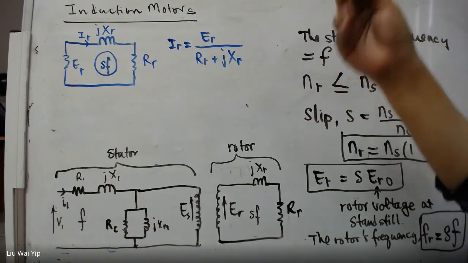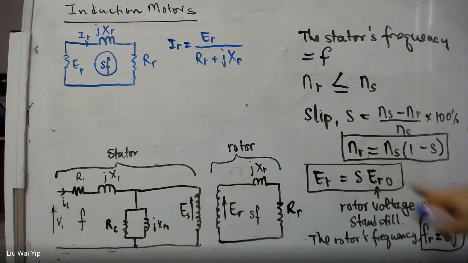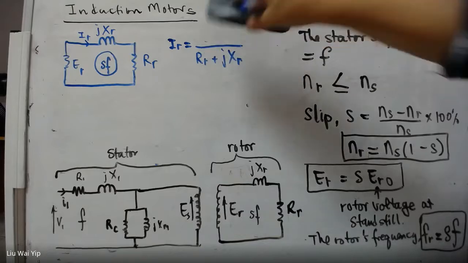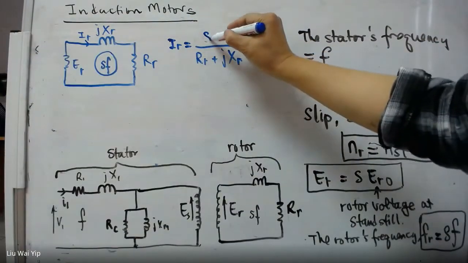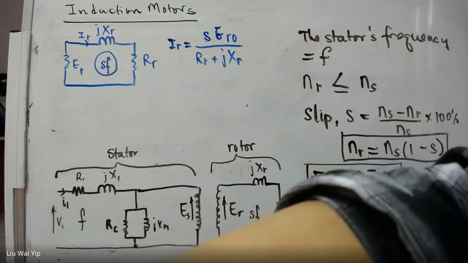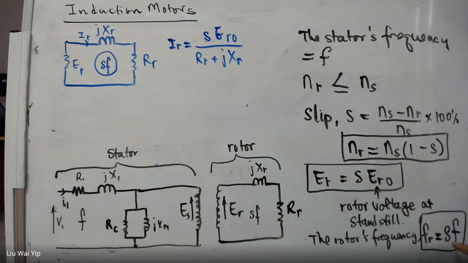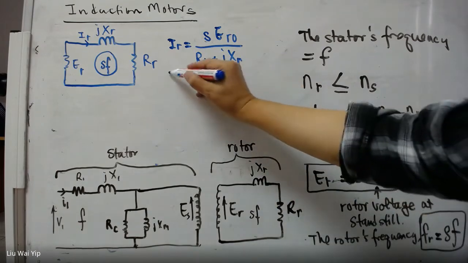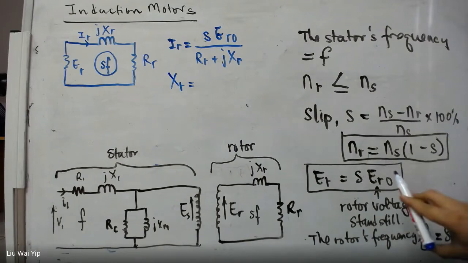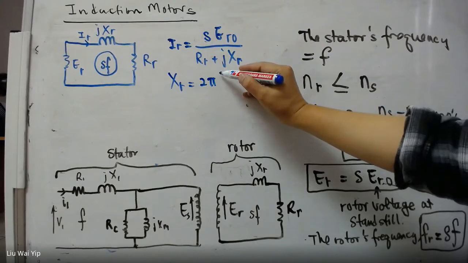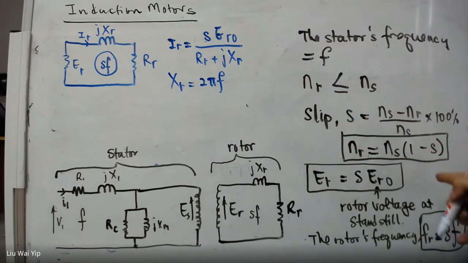There's not much we can do from this equation apart from substituting the essential parameters here. According to here, the rotor voltage can be substituted with S ER0. It's not much useful. And according to here, the XR is 2 pi times the frequency, right? The frequency is going to be different.